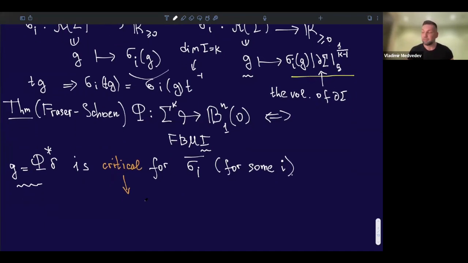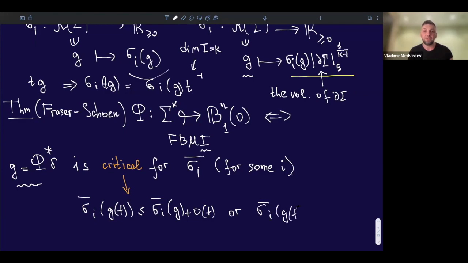And critical means the following. It means that sigma i bar of g of t is less than or equal to sigma i bar of g plus little o of t, or sigma i bar of g of t is greater than or equal to sigma i bar of g plus little o of t.